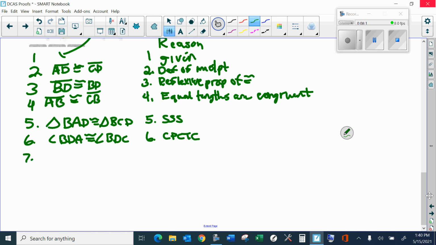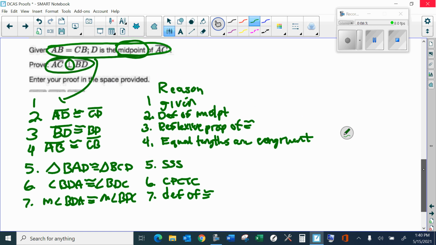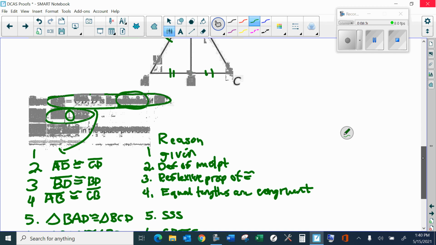Now I'd say measure of angle BDA is congruent to the measure of angle BDC, definition of congruence. Okay. Now we show the measures are equal. Now we need to state that they form a linear pair.